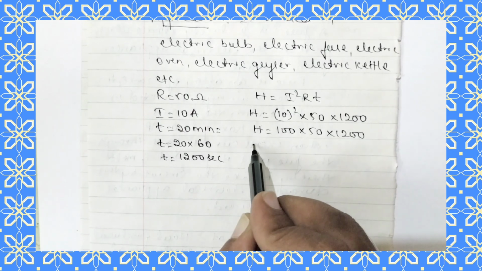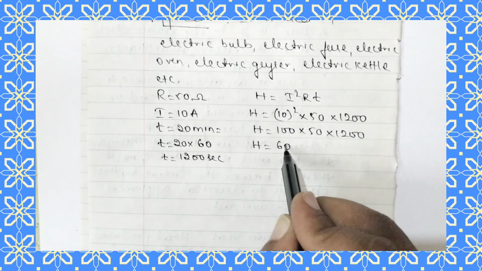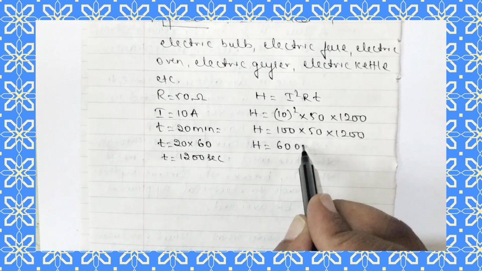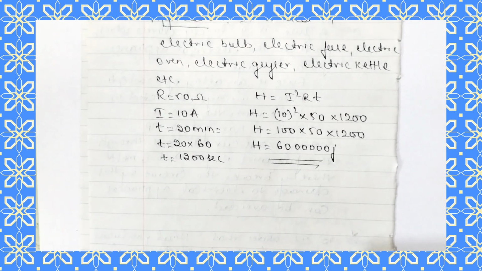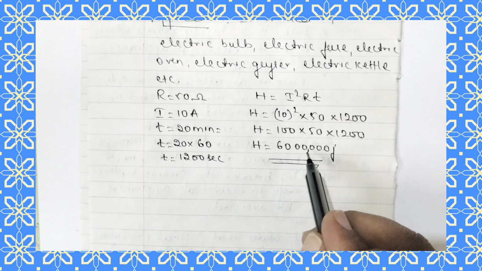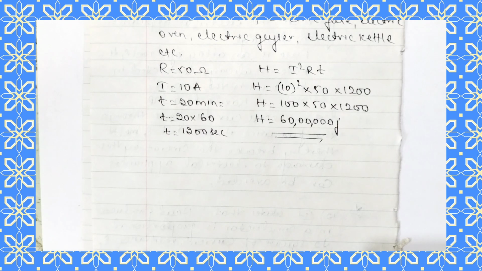So heat developed is equal to 60 with 5 zeros. So this many joules of heat is produced. 60 lakh joules of heat is produced in the electric geyser.